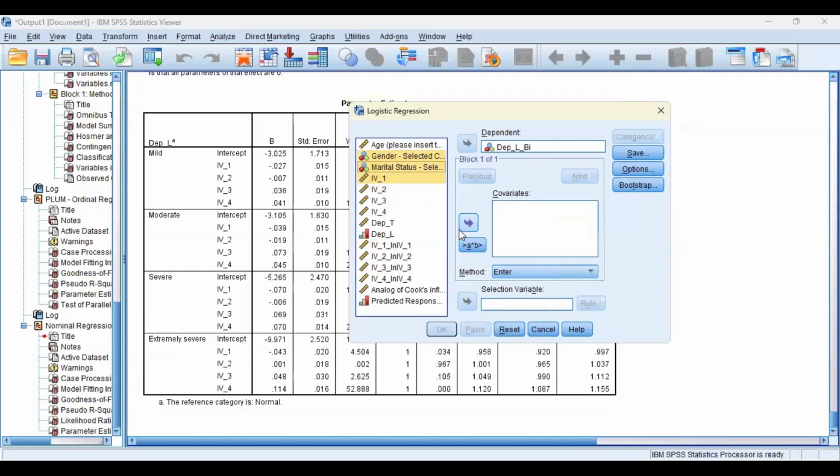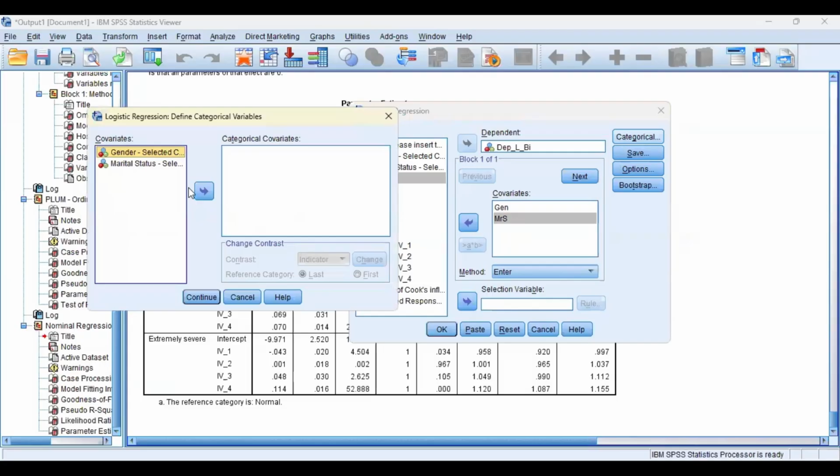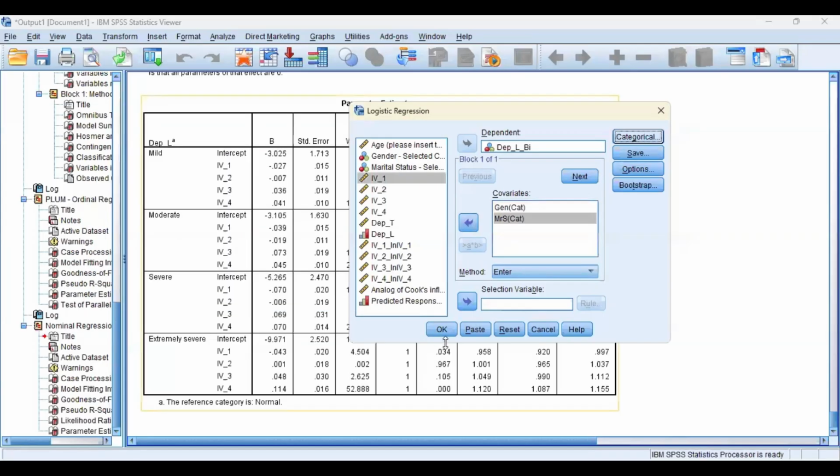So I put them in the first block of my prediction. And also in the categorical button, I go and define them as categorical variables because they are both categorical. So I let SPSS know that I want to consider them as categorical variables, and continue.